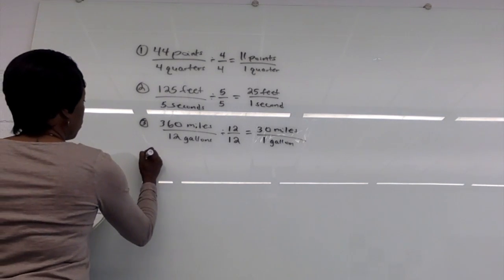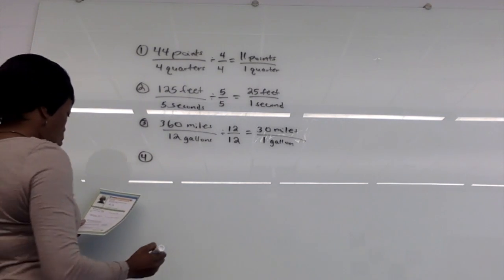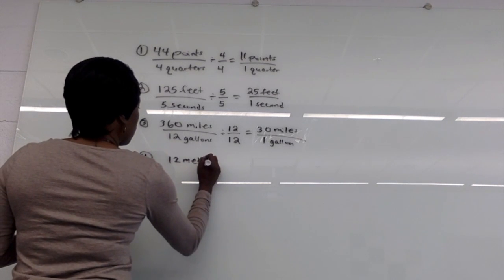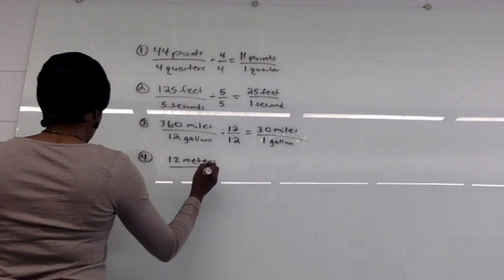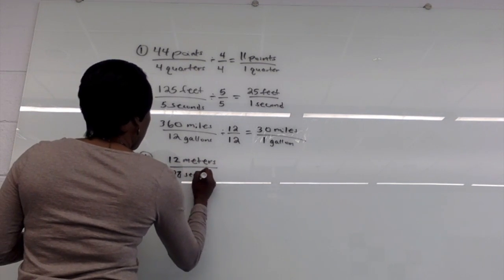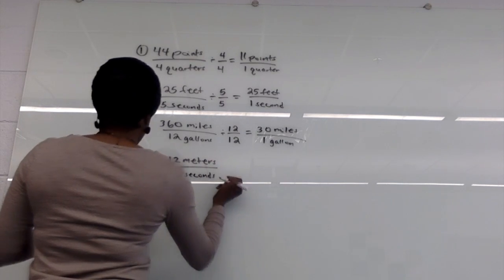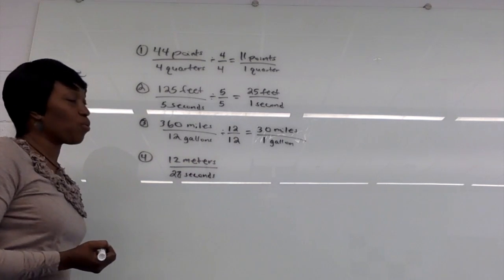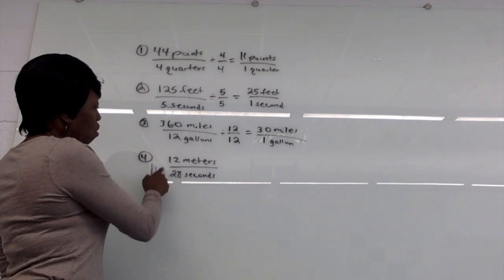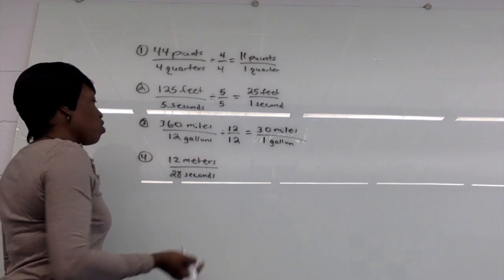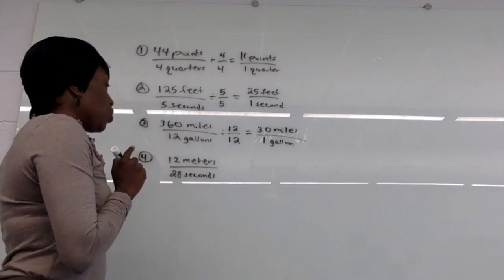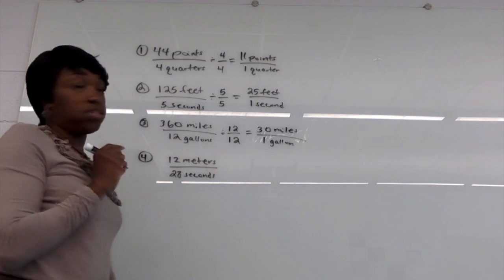Number 4, 12 meters over 28 seconds. Now, once again, when we look at this problem, if we look for the greatest common factor, we see that we're not going to get a number that's going to give us a 1. So that means we're going to end up with a fraction somewhere.